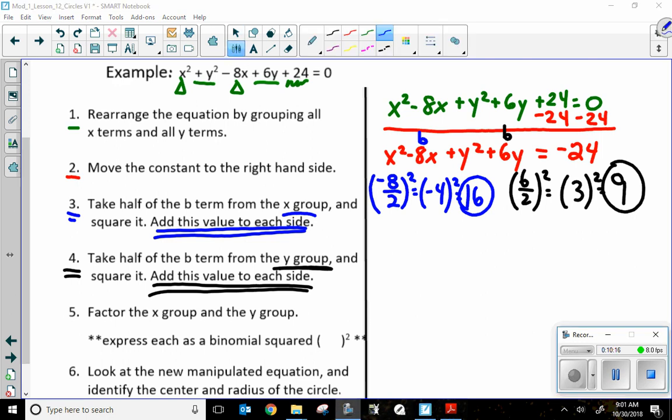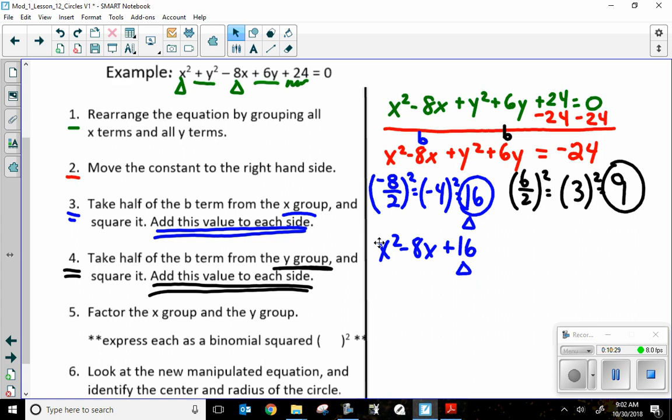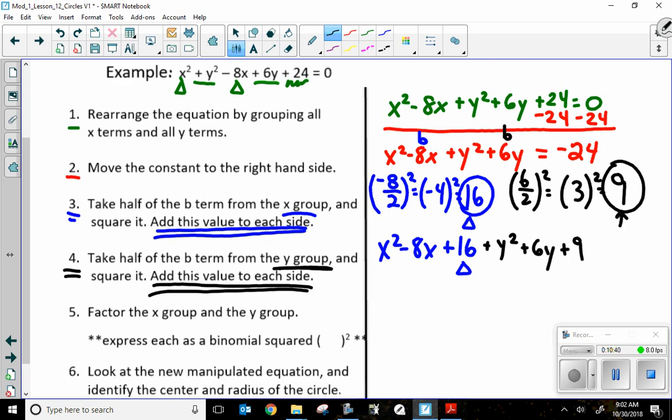So for my x's, I now have x squared minus 8x plus 16. Here's my 16, I've added it here. For my y's, I have plus y squared plus 6y plus 9. I've added my 9 here.